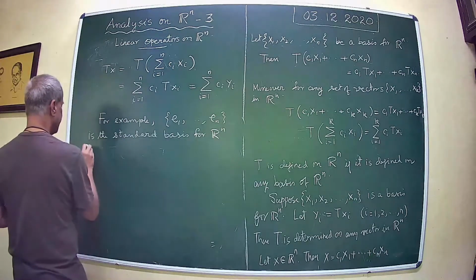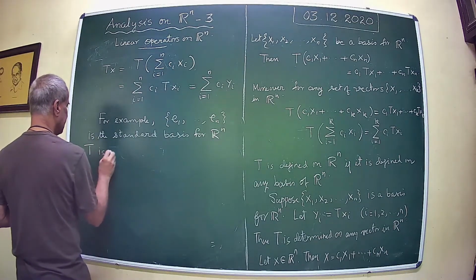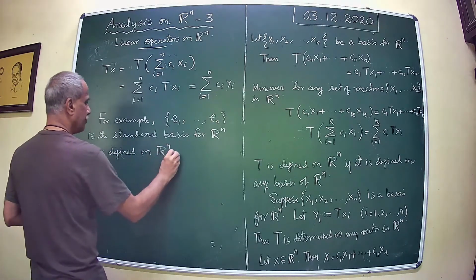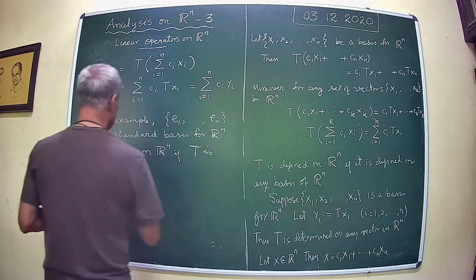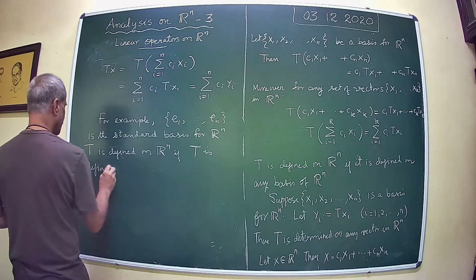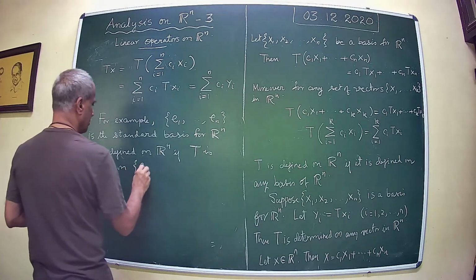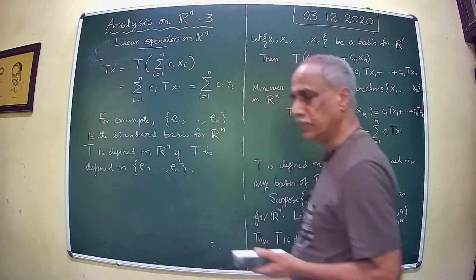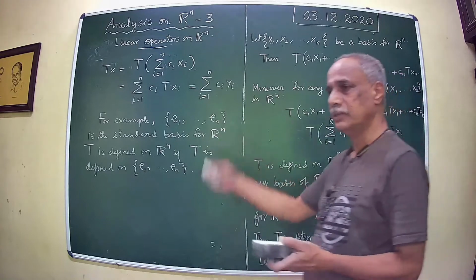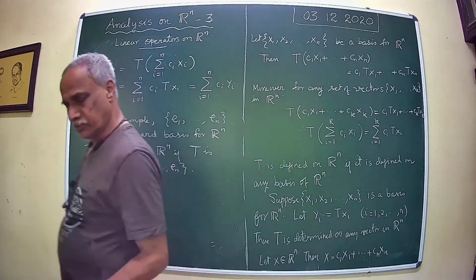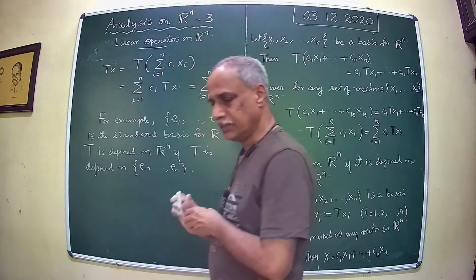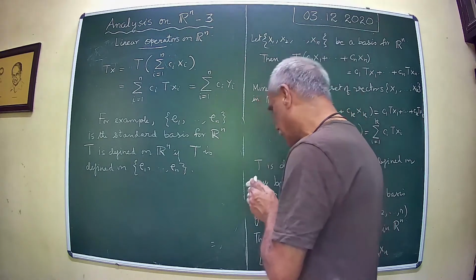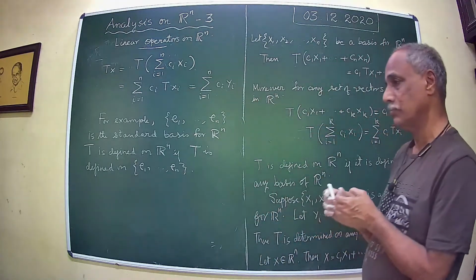Now T is defined on Rn if T is defined on the basis, that is, you fix T e1, T e2, etc., T en, then T is defined. Right? So it is enough to say this. This is a great advantage that you have for linear transformations.